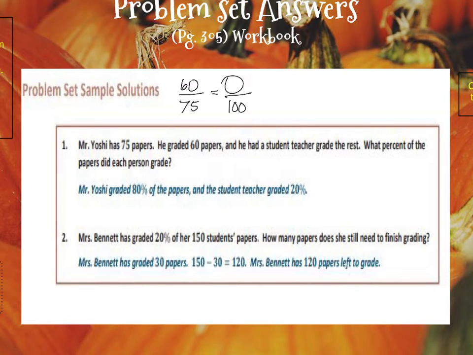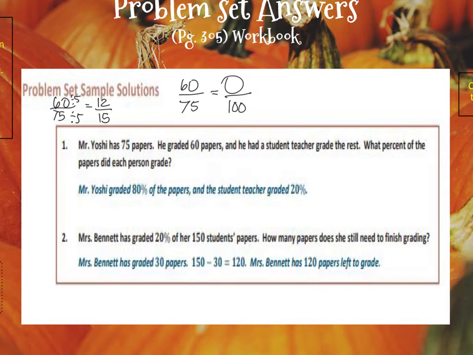Well, first I'm going to take the 60 and the 75 and write that right over here. I know that I could divide that by 5, divide that by 5. And what do I get? 5 into 60 goes 12, and 5 into 75 goes 15.